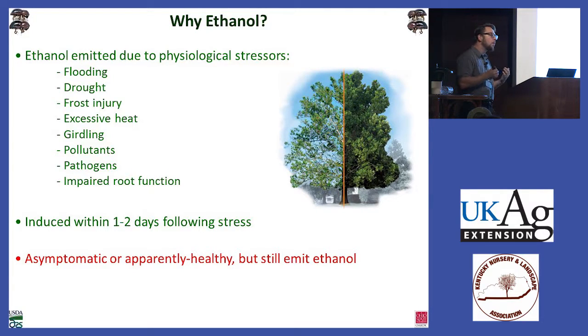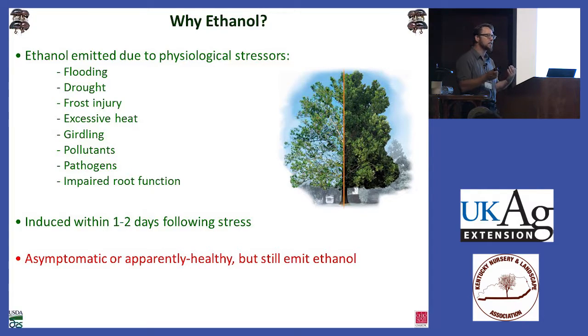An important concept to be aware of is that a tree under physiological stress can begin emitting ethanol within 1 to 2 days of that stress being initiated. To a grower or a researcher, that tree could look perfectly healthy, yet it's actually emitting stress-related volatiles in response to that stress. That is then signaling to the beetles, I'm a weakened host and suitable for colonization.